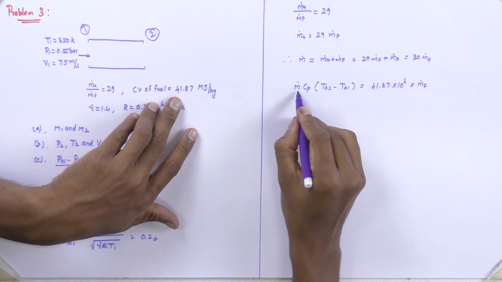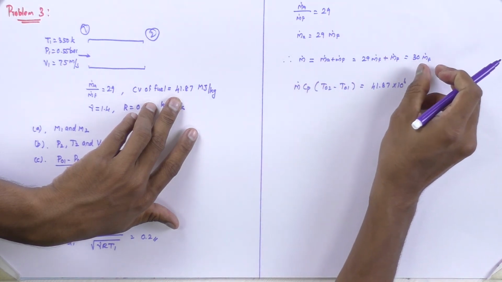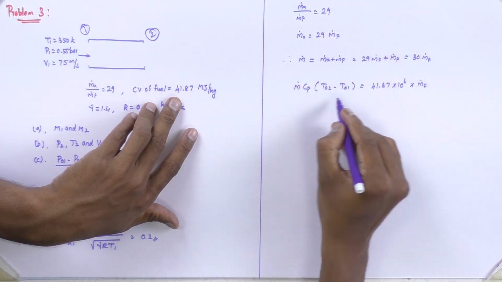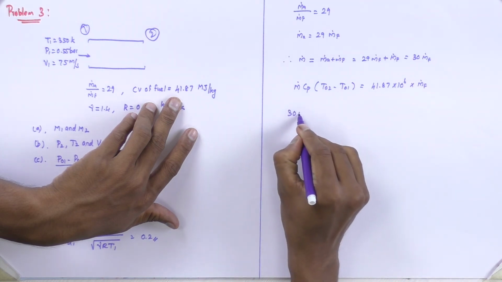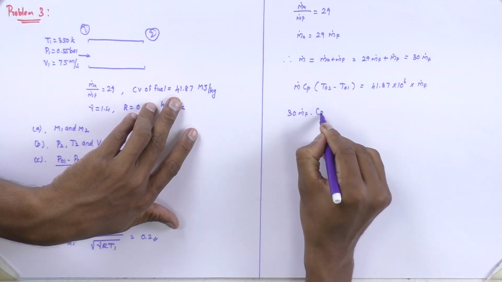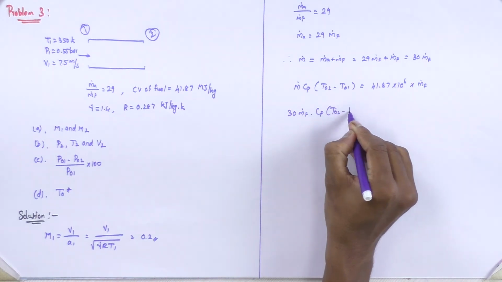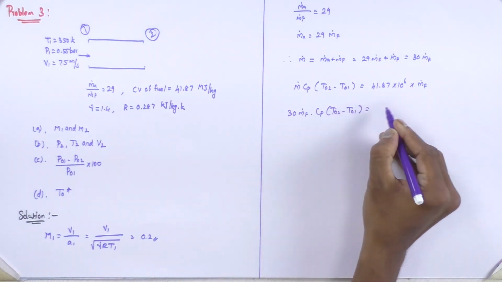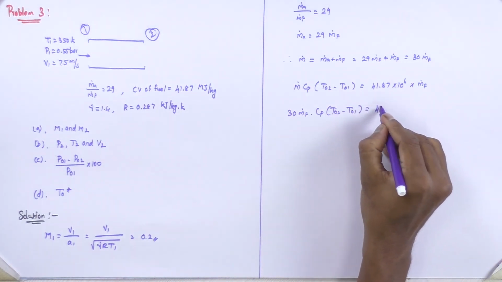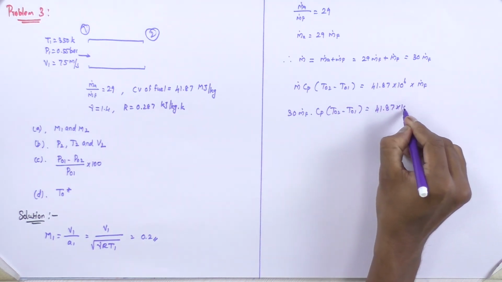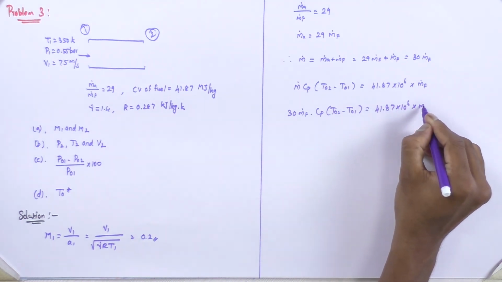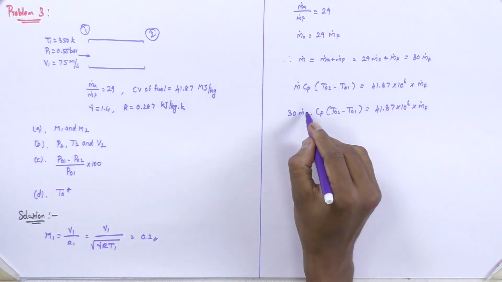Here the total mass flow rate can be represented in terms of fuel mass flow rate, that is 30 m dot F into Cp (T02 minus T01) is equal to 41.87 into 10 power 6 into mass flow rate of fuel. So these two will get cancelled.